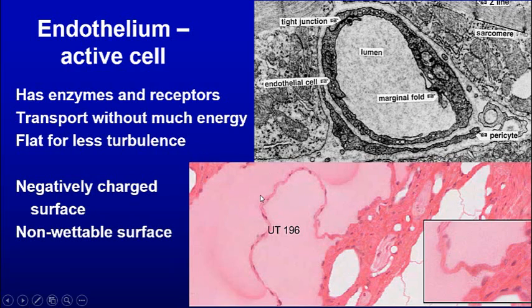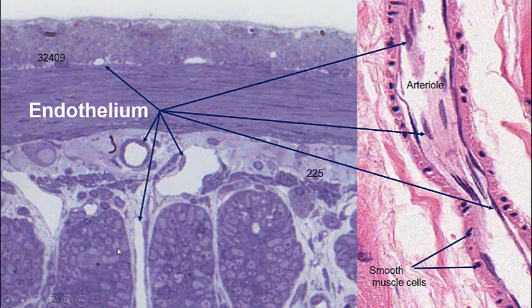It's a negative charge, and it's non-wettable. It's kind of like waxing. So the inside of your blood vessels are somewhat as if they're waxed, because they don't absorb the liquid as it is going through the cell itself. It brings it in vesicles and transports it, as we'll see in a minute.